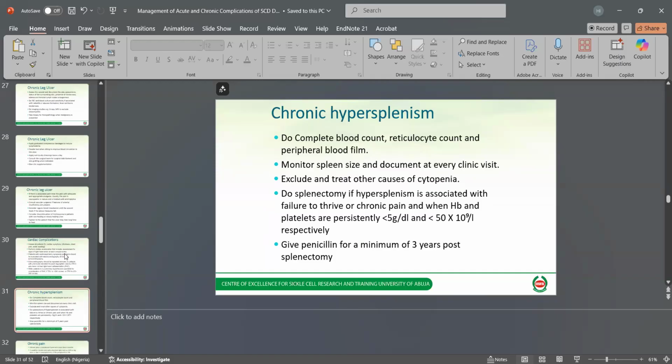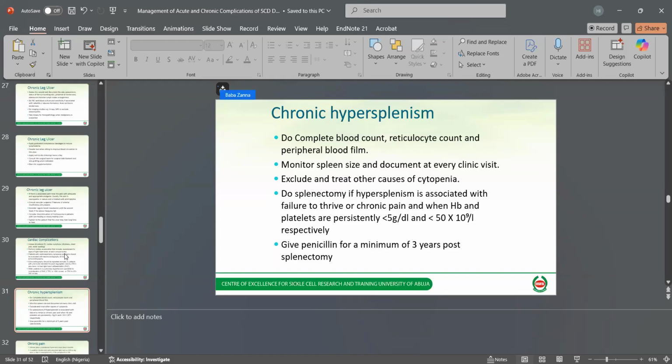Chronic hypersplenism. So do a complete blood count or full blood count, reticulocyte count, and peripheral blood film. Monitor spleen size and document at every clinic visit. Exclude and treat other causes of cytopenias.